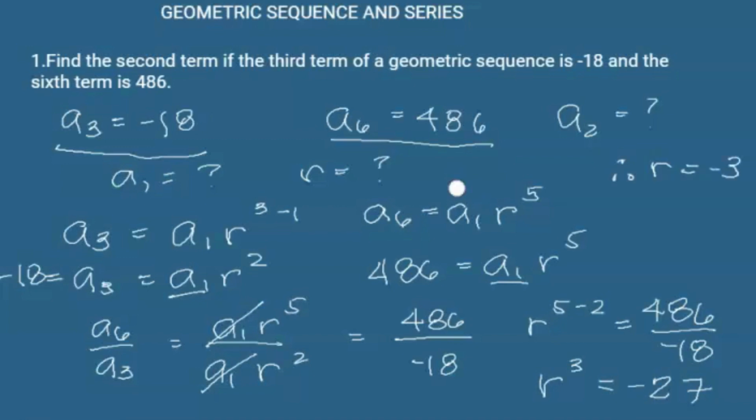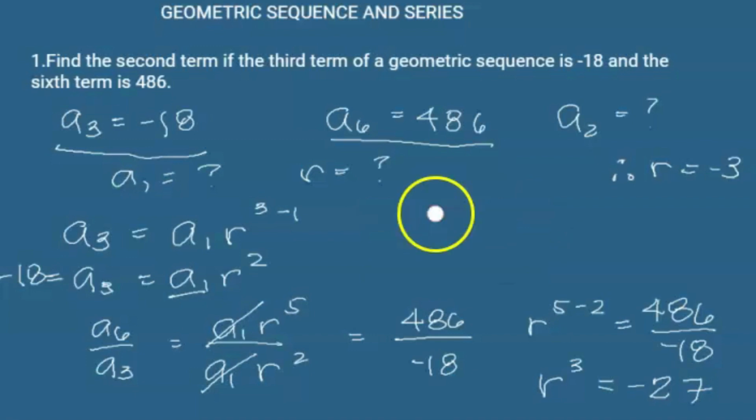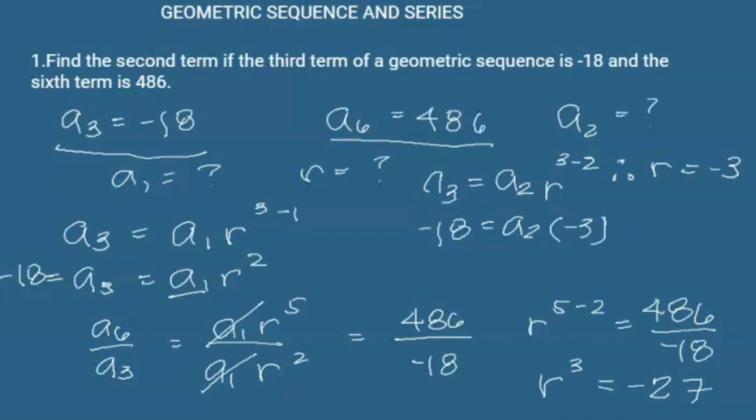Now that we know r is equal to -3, we can get a sub 2 by using a sub 3 is equal to a sub 2 times r raised to 3 minus 2. A sub 3 is -18, so a sub 2 times r, which is -3 raised to 1.